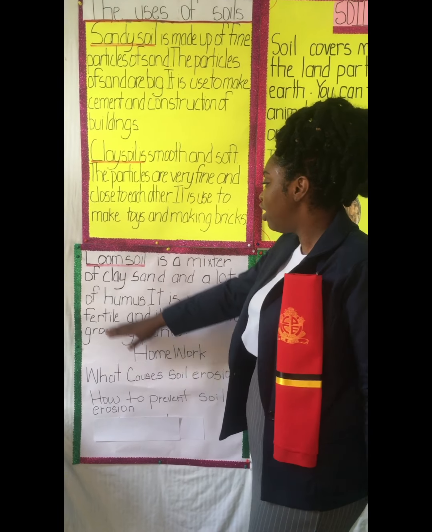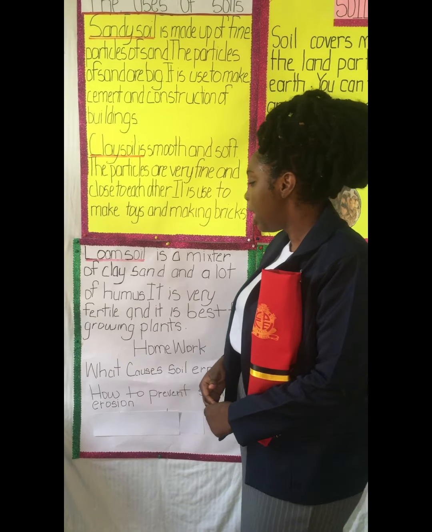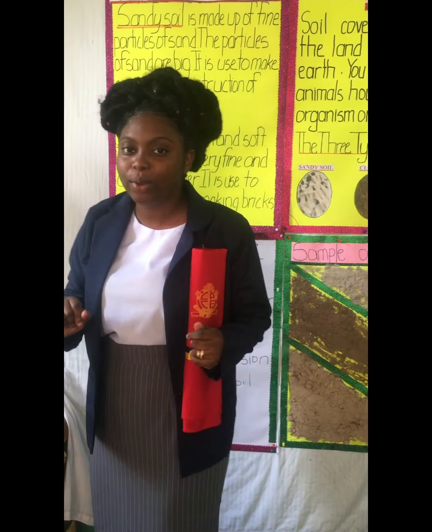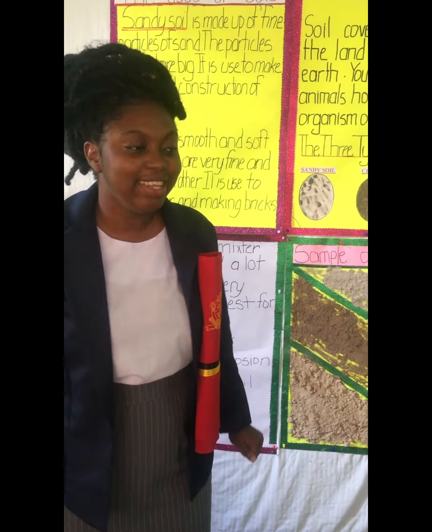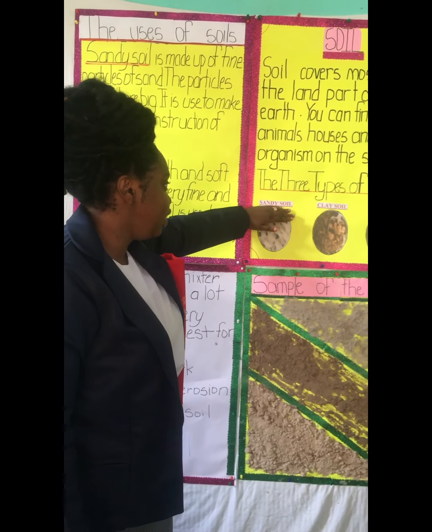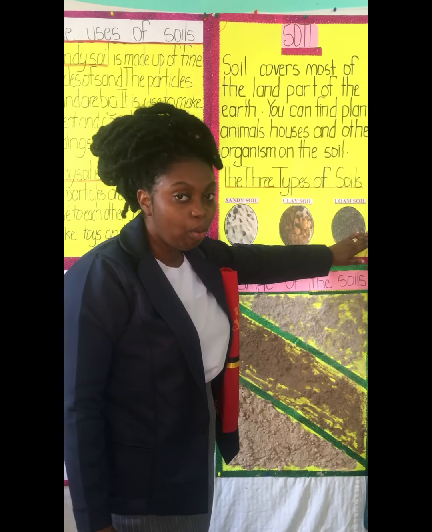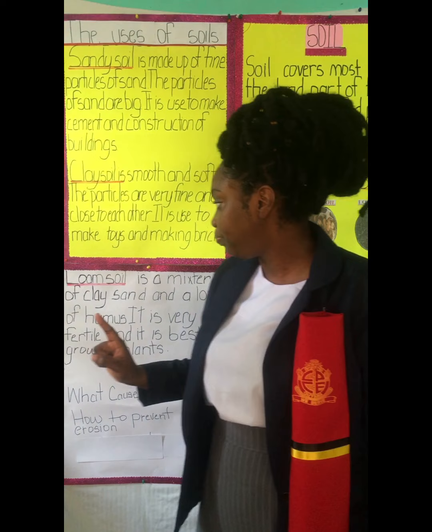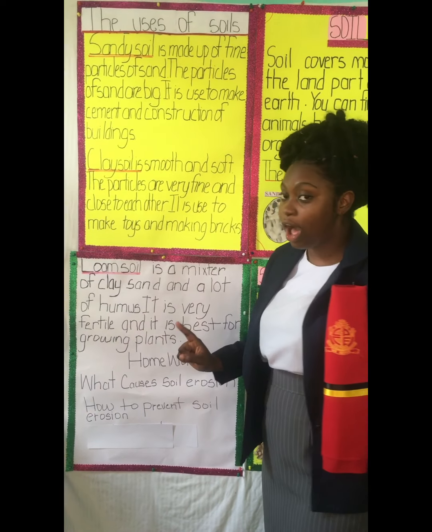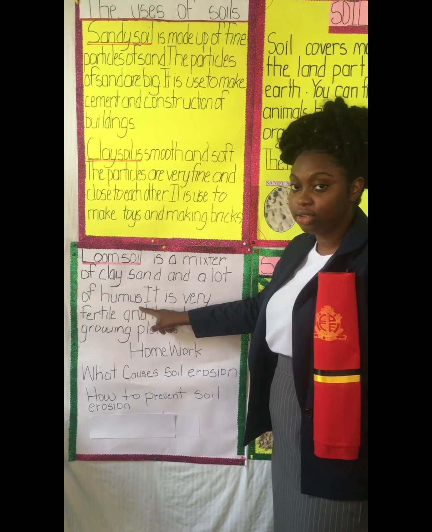Now let us move on to the loam soil, right? Can anyone tell me the two types of soil we need to mix to get the loam soil? Very good. Yes, we need to mix sandy soil and clay soil and we will get loam soil. Now, we also have to add a lot of humus, right?